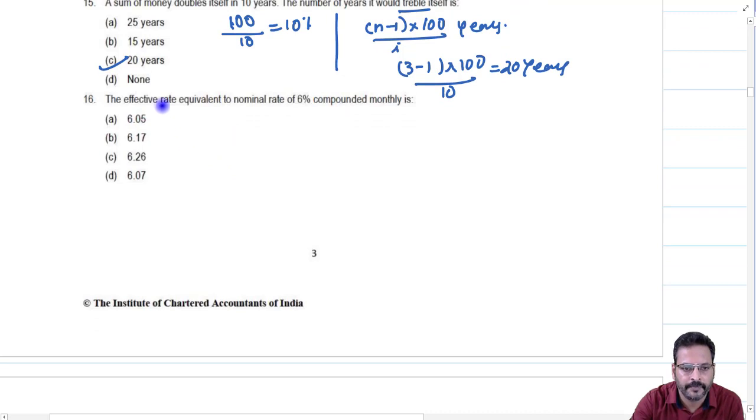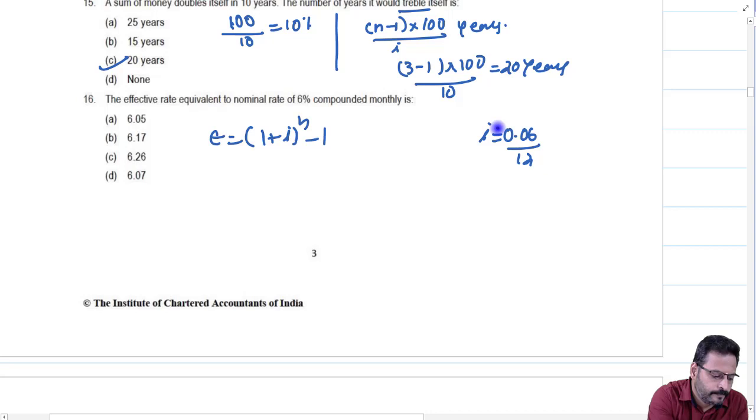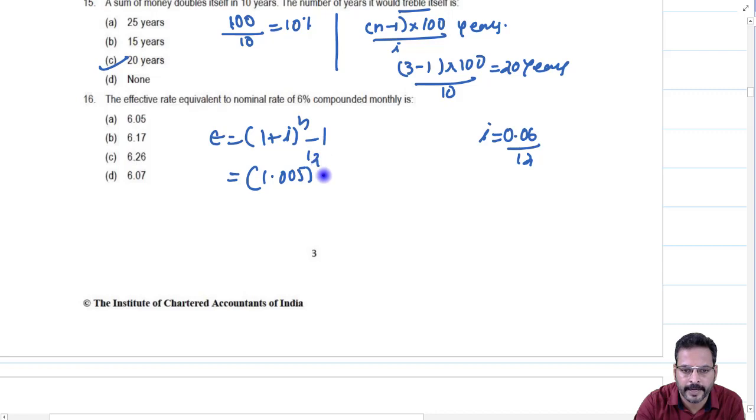Okay. Then effective rate of interest E is equal to (1 plus I) the whole raised to n, minus 1. In the given question, the effective rate is equivalent to compounded monthly. Therefore, I is equal to 0.06 divided by 12. So that implies 1.005 the whole raised to 12 minus 1.